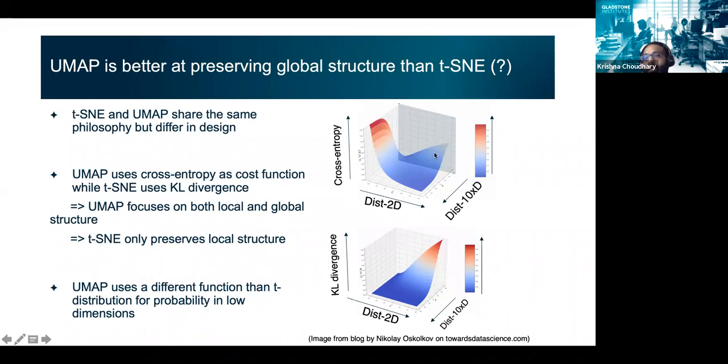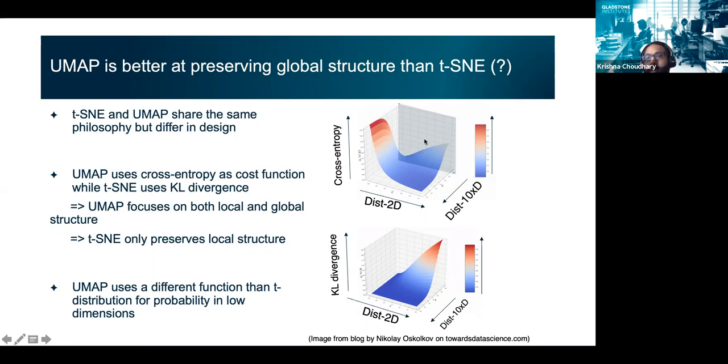When it sees that the cost is very high and there is a certain gradient towards the valley, you can also set how large a step it will take in the direction of the valley in trying to reduce the distance in the 2D embedding, and things like that.